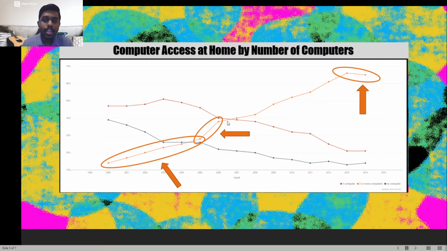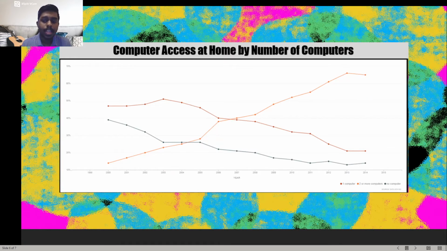So next, as you can see from the year 2013 to 2014, the computer access at home by two or more computers has been decreasing very slightly, from around 66% to 65%, which is about a 1% difference, which is very slight.